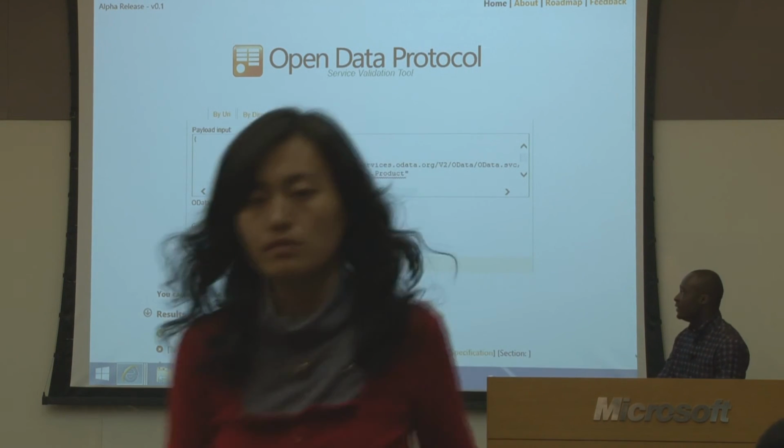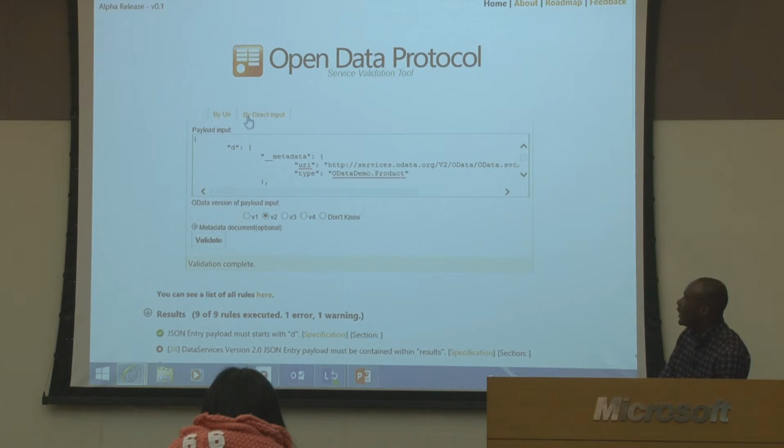Okay, so this is an example showing how you can use the tool to validate via a direct payload input. This was just an OData version 2 direct input service that we have out there. I copied and pasted the service information and hit validate.